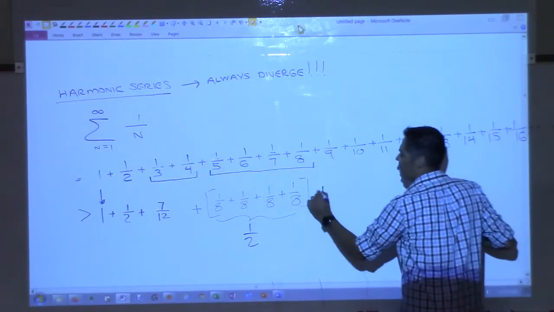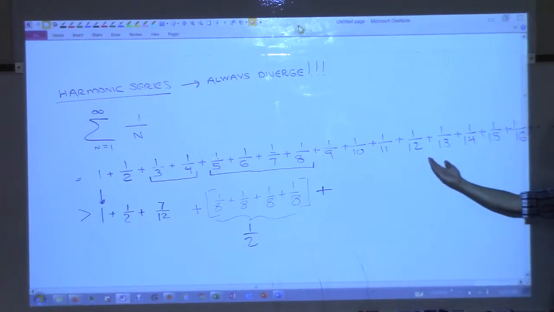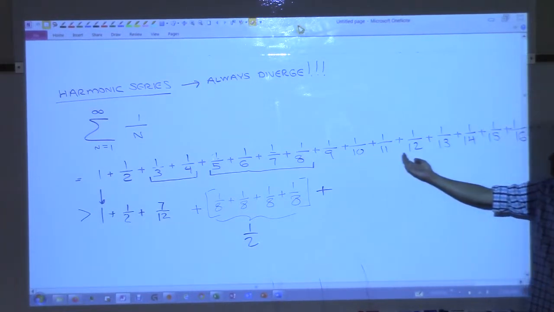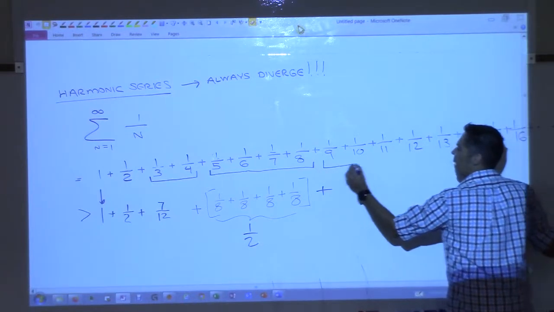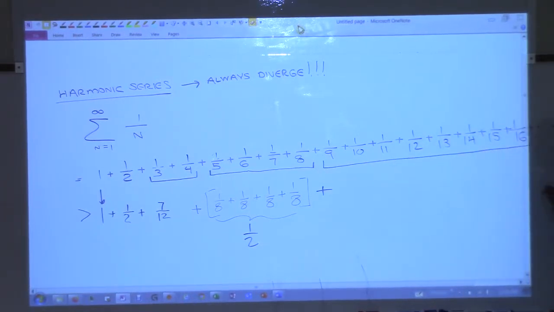Okay, now what? Plus, how far out should I go? 6? 8. All the way out to this. Okay, go 8 terms. Now, let's see why. Why did I have to go 8 terms here? Because the last one is 1/16, right? I need each of those to be bigger than 1/16. Put them together to get 8/16, right?